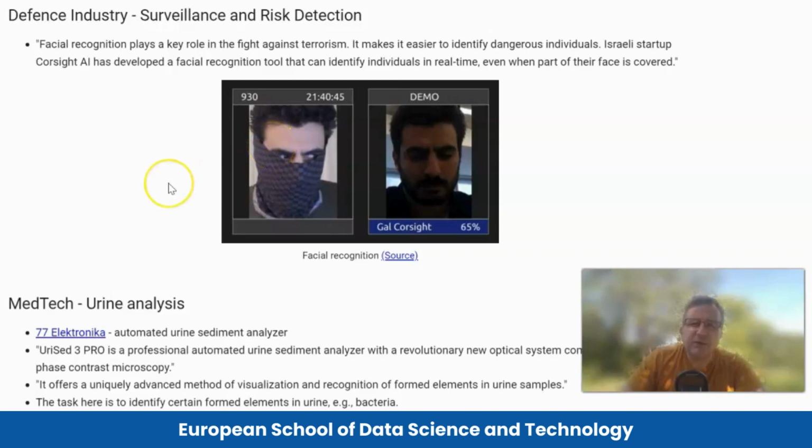And okay, then you manage to develop the perfect algorithm that is able to detect everyone based on the color of the eyes and the distance of the eyes. And then this bad guy decides to put on some sunglasses. And then you have to think a bit more again.